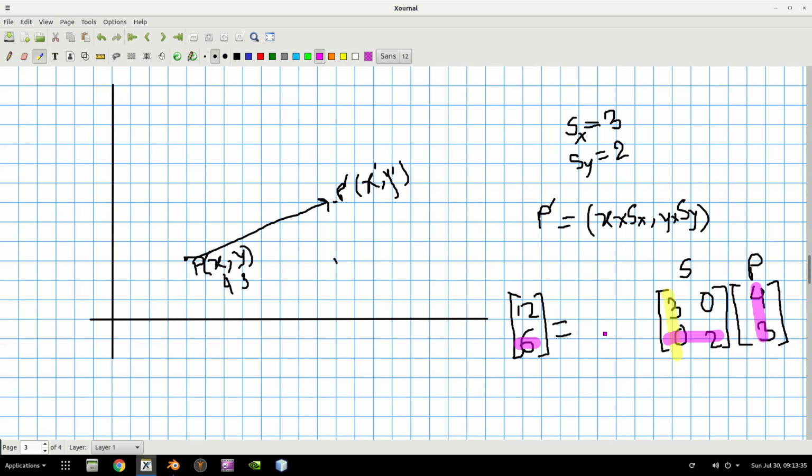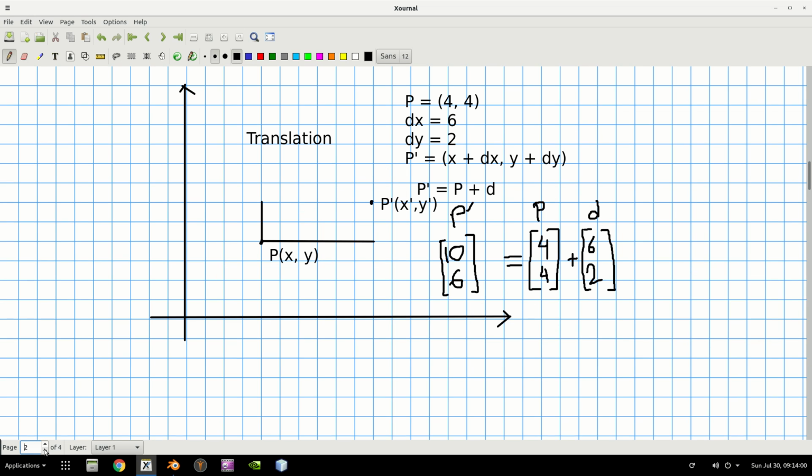So do you understand how we can write it in matrix form? Okay. So the scaling matrix needs to be put first, then after that you put the point, and you can multiply them to get the new location of this point P prime right over here. So you just do the multiplication like this. But in the previous one, we wrote it in addition format. Just to keep it consistent, you can actually move this point P over here.